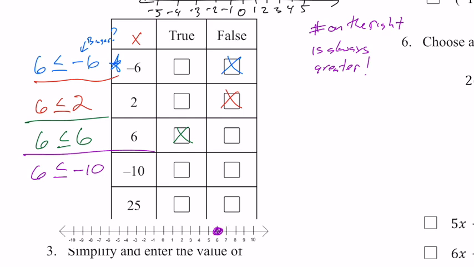I'm going to leave that one in black because that one is always there. I don't know why I keep switching it. So where's the negative 10? The negative 10 is over here. Is negative 10 bigger? No. And then the last one: 6 less than or equal to 25. Is the 25 over here somewhere bigger? Yes.